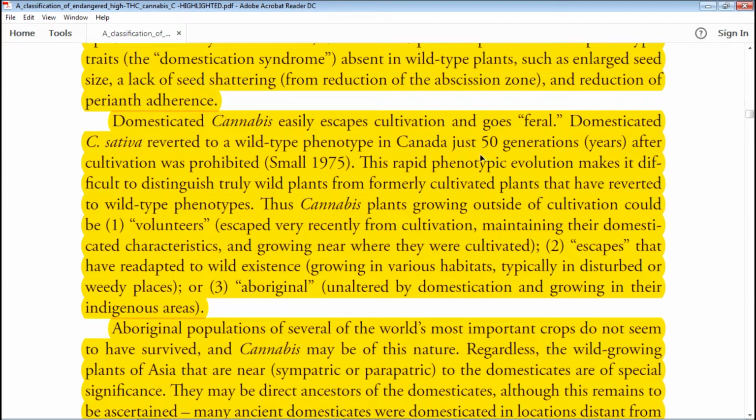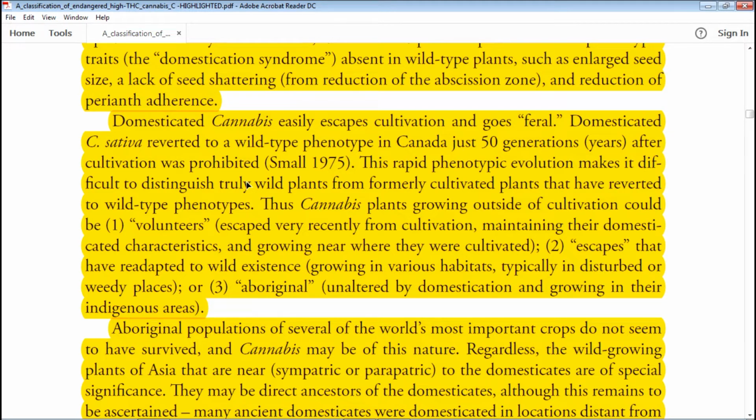This rapid phenotypic evolution makes it difficult to distinguish truly wild plants from formerly cultivated plants that have reverted to wild-type phenotypes. Now, why that's important is because cannabis has been selected and bred for millennia, domesticated forever.